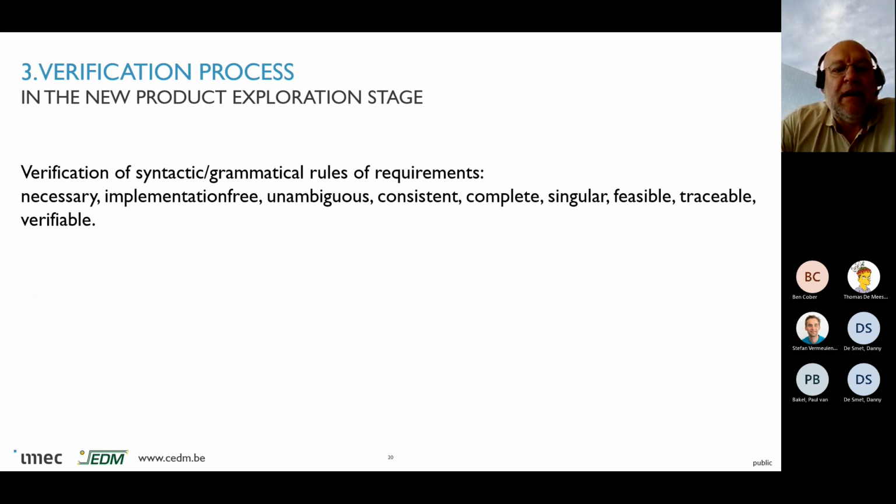Well, I said that the requirements specification is an art on its own, and these requirements must be necessary, implementation free, and so on.